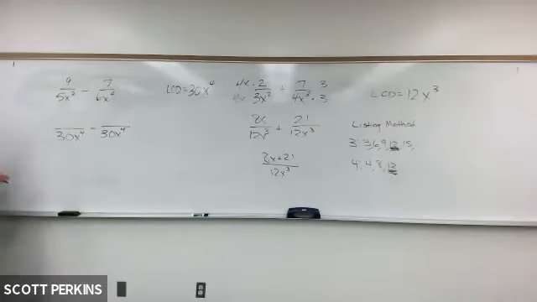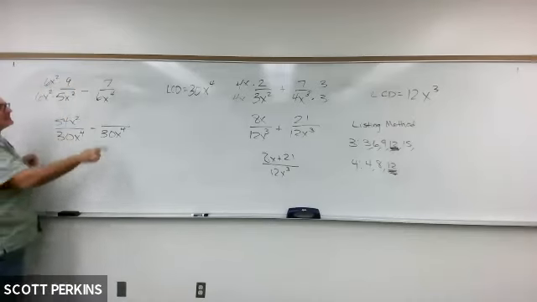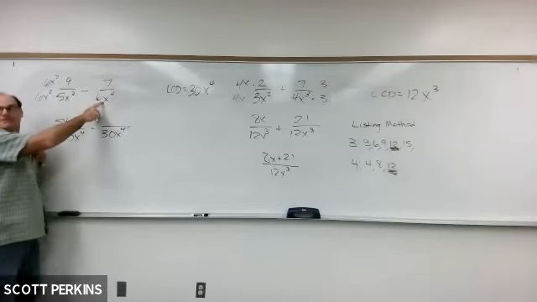All right, you told me 30x to the 4th. That was 100% correct. So what do I have to multiply the 5x squared by in order to make it into 30x to the 4th? 6x squared. 6 times 5 is 30. X squared and x squared, the 2 plus 2 is 4. So we'll multiply the top here by 6x squared. 9 times 6 is 54x squared. The second fraction starts off as 6x to the 4th.